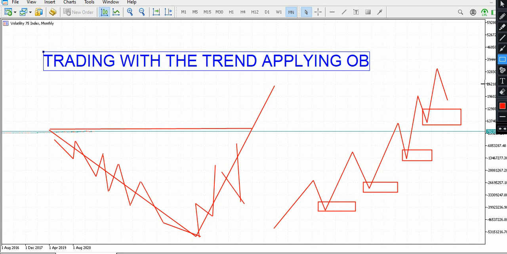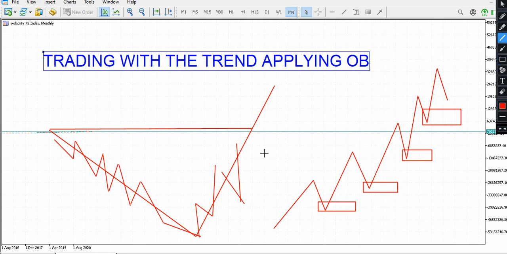In this instance, we'll go a little bit deeper. We have to differentiate between an order block and an institutional candle. In this instance, we'll use order block as institutional candle.